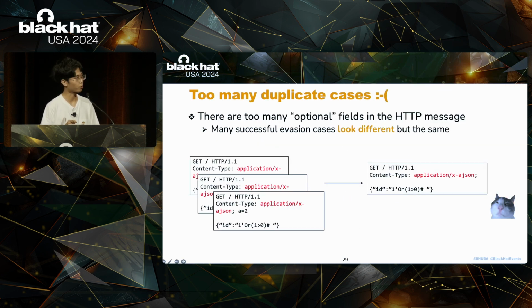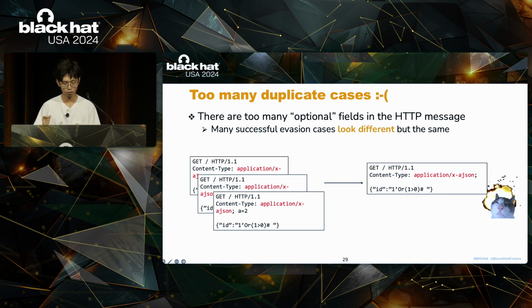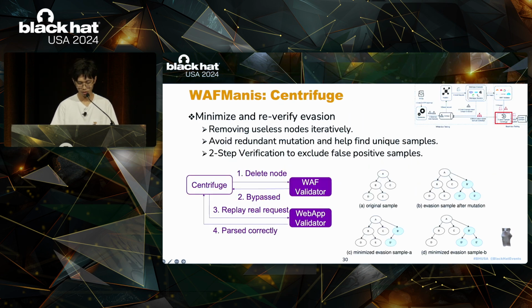The last challenge we meet in practice is that there are too many duplicate evasion cases during the fuzzing process. You can see that many successful evasion cases during the fuzzing process look different, but have the same key point. So how to quickly find the different tactics that contribute to the evasion? We design and implement Centrifig to help us minimize and re-verify the evasion cases.